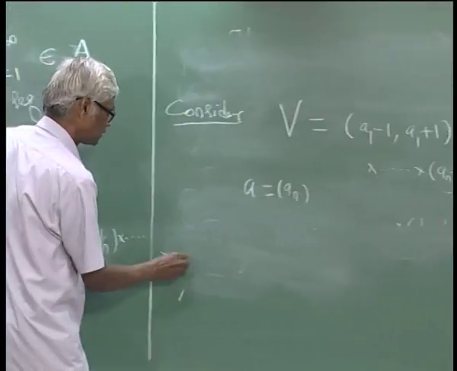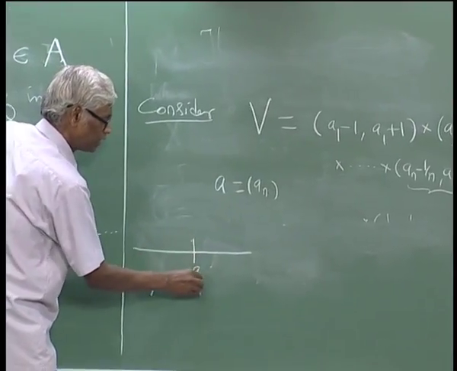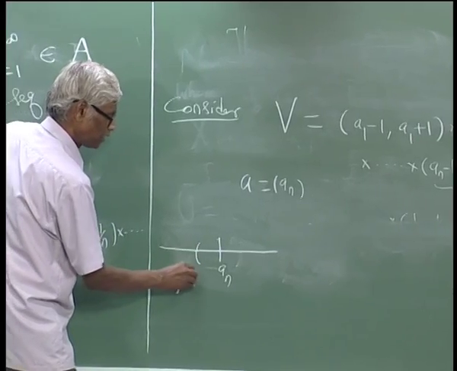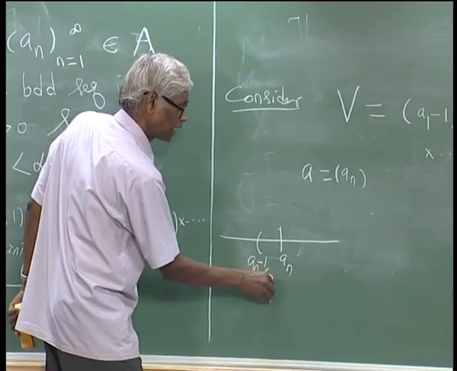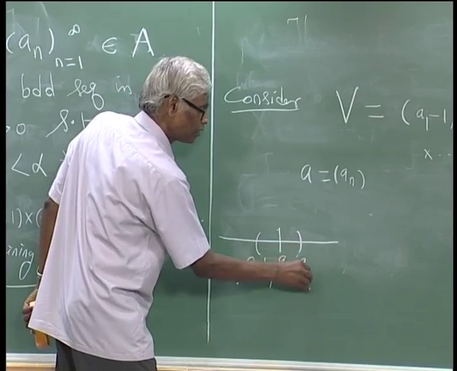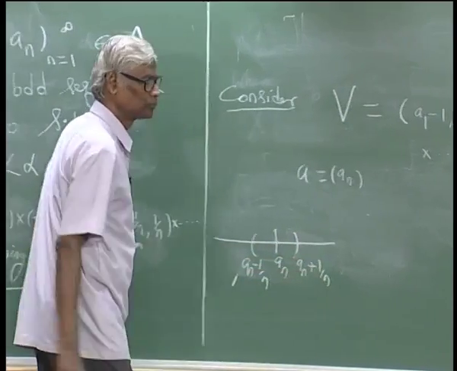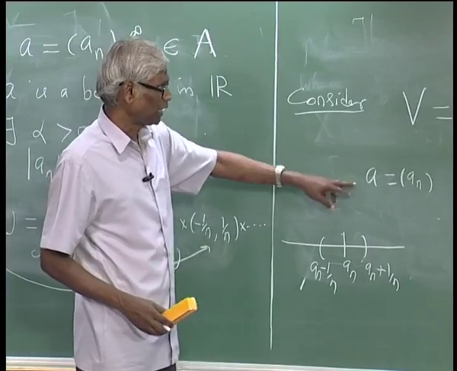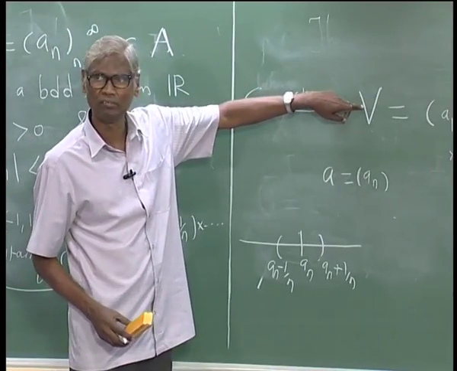The center is a_n and radius is 1 by n, a_n minus 1 by n to a_n plus 1 by n.